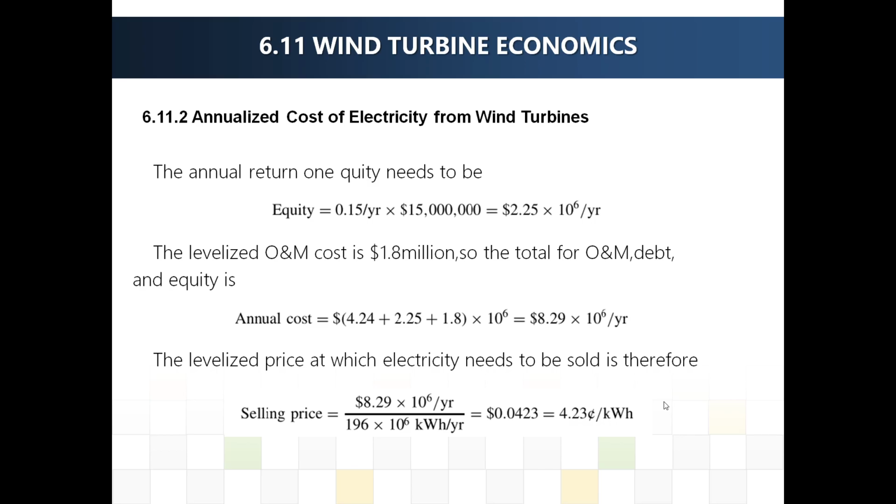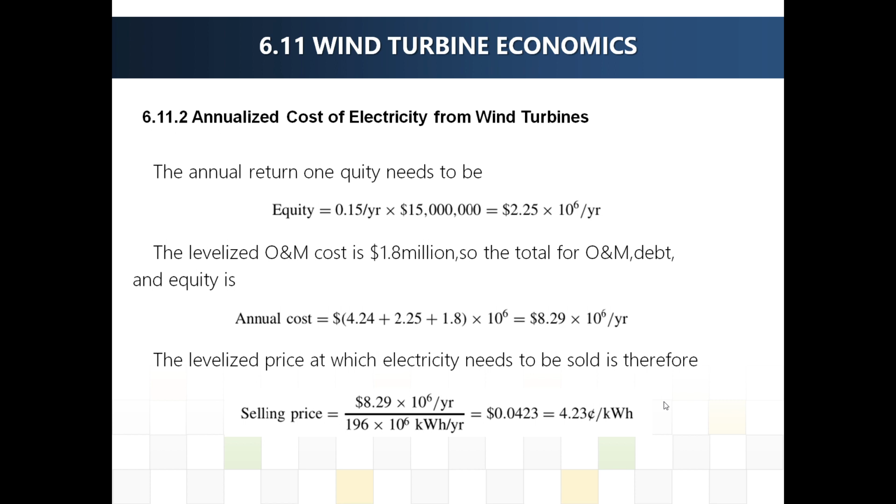The annual return the equity needs to be 0.15 per year multiplied by $15 million, that is $2.25 million per year.